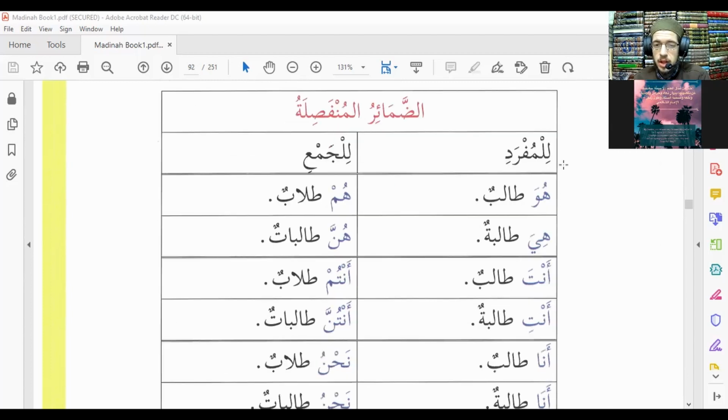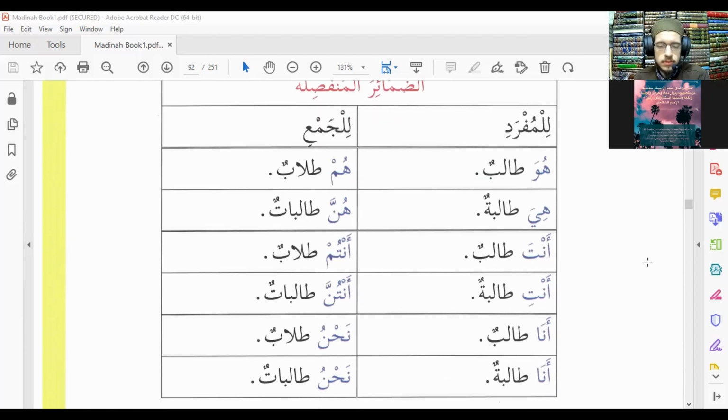Okay, these are your subject pronouns. للمفرد singular, للجمع: هو طالب, هم طلاب, هي طالبة, هن طالبات. So there's your third person. أنت طالب, أنتم طلاب, أنت طالبة, أنتن طالبات, أنا طالب, نحن طلاب, أنا طالبة, نحن طالبات.